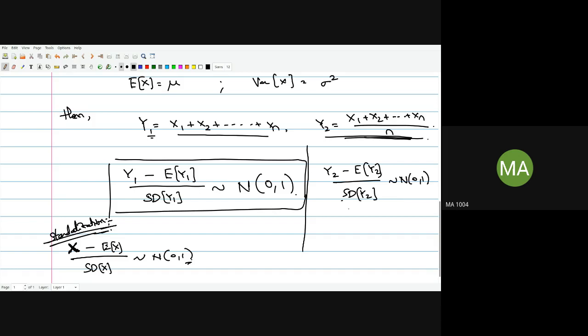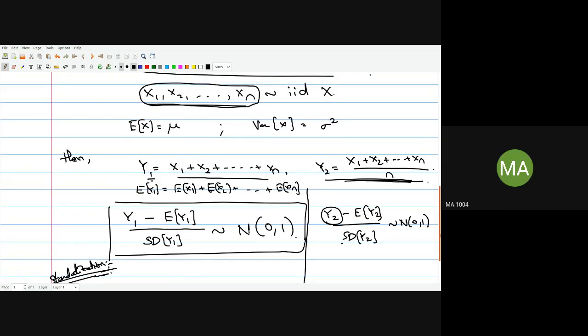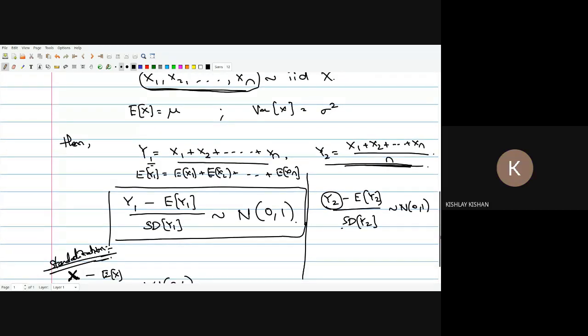So you can compute this. Now what will be the expected value of y1? Expected value of x1 plus expected value of x2 and so on. Y2 is the sample mean. So you can derive those things. Don't confuse yourself with root and sigma or anything.